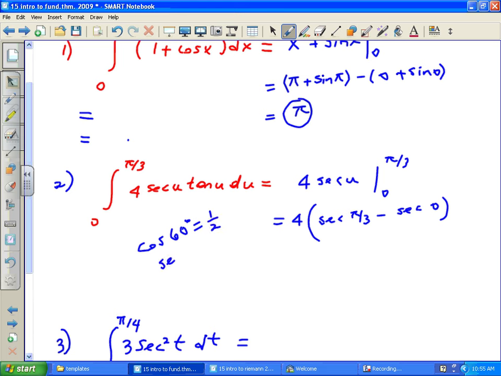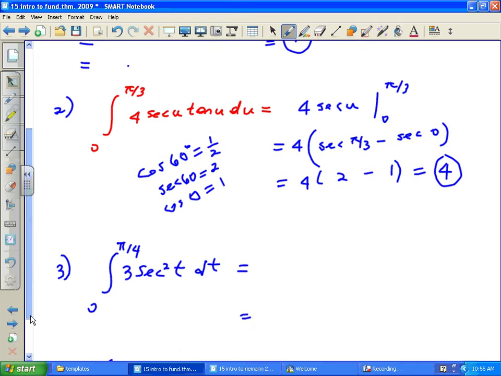So secant of 60 degrees will be 2. So here we're going to have 4 times 2 minus, what about cosine of 0? Cosine of 0 is 1, so secant of 0 is 1 as well. So we're going to have 4 times 1. In other words, the answer will be 4. Okay, one more.